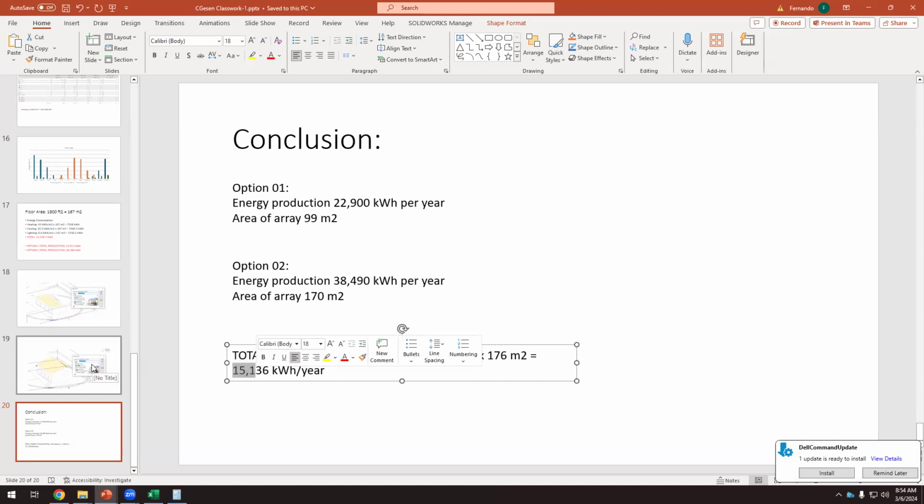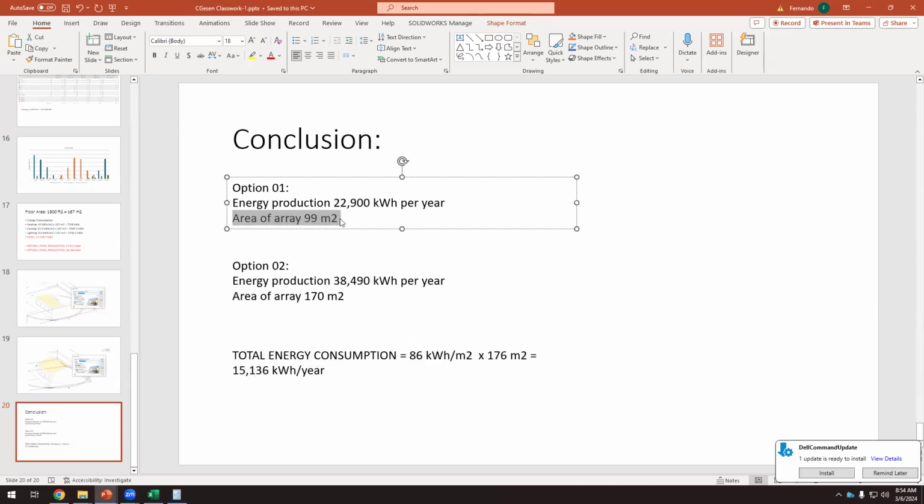That would probably be the option that our client will be demanding. Yes, so can you please give me an option, because I want a zero energy building, but just a zero energy building, because I have budget constraints. Can you please let me know the area or the number of panels that I need to meet that energy? So that would be a third option.